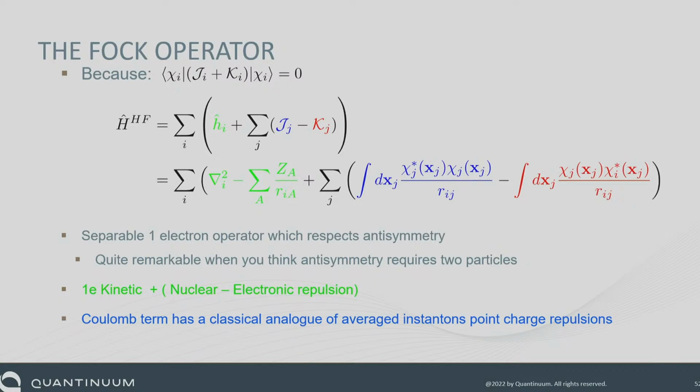So you've got the Coulomb term, which is an average instantaneous point charge repulsion, which is the density. And then the exchange term, which exists only due to antisymmetry. And this causes a lot of problems. So one of the exercises will be to try to understand this a bit more.